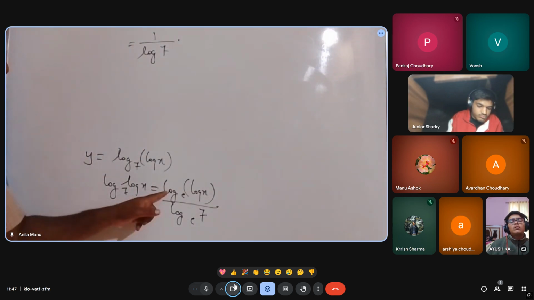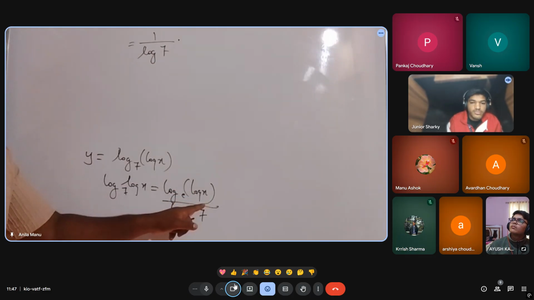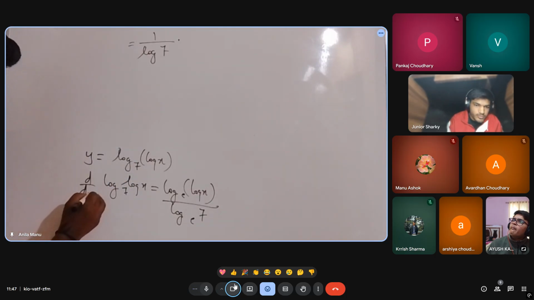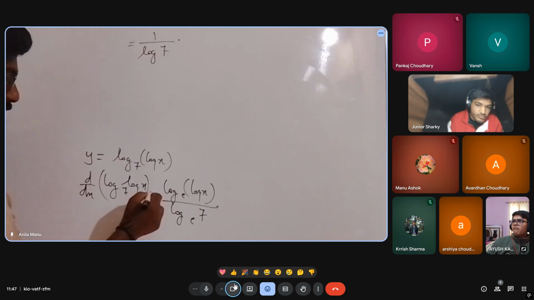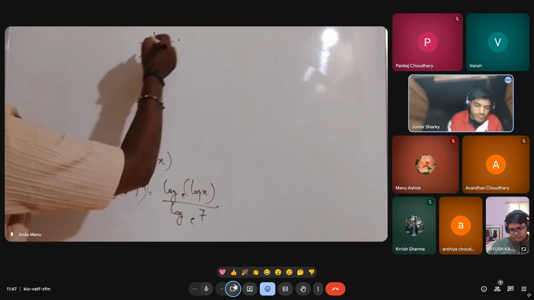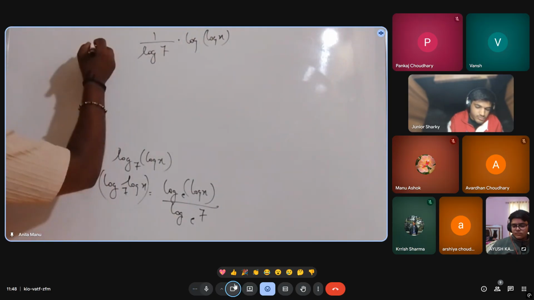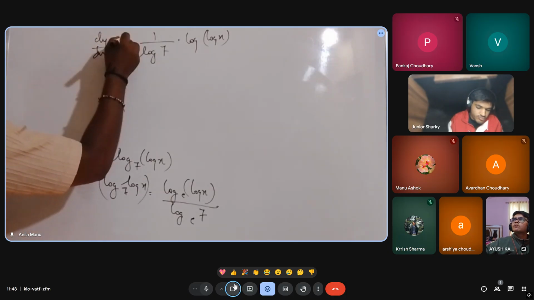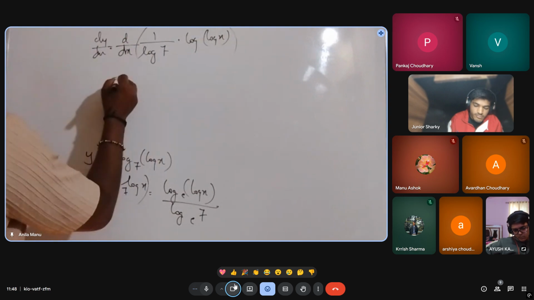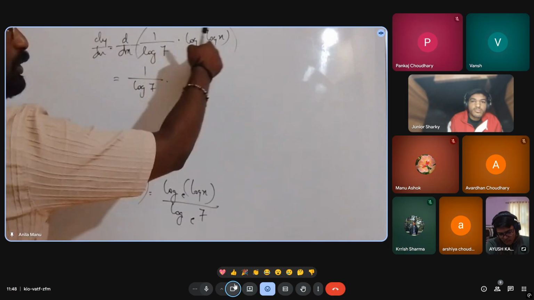Into, now you have to differentiate log of this one, right? Don't forget to write the derivative there. d by dx. So dy by dx is equal to d by dx of all these things. The constant I can take outside, 1 by log 7, into the derivative of log x.